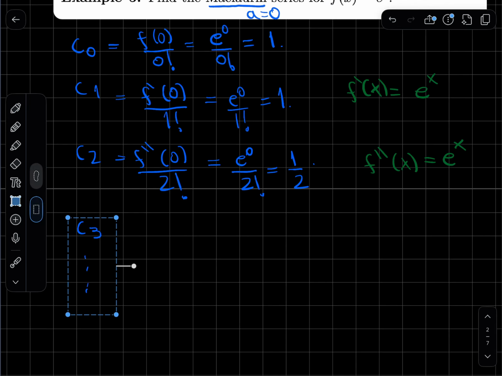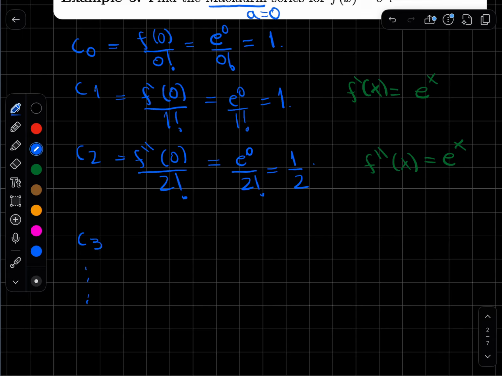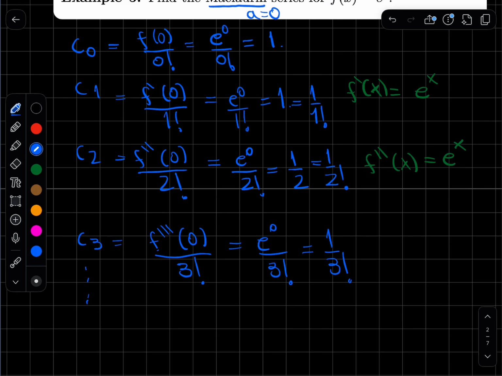You can already see that it doesn't matter how many times I differentiate e to the power x, I remain having e to the power x. Nothing changes. So this will be the third derivative of f at 0, over 3 factorial. It will be e to the power 0 again over 3 factorial, so 1 over 3 factorial. And this was 1 over 2 factorial, this was 1 over 1 factorial, and this was 1 over 0 factorial.